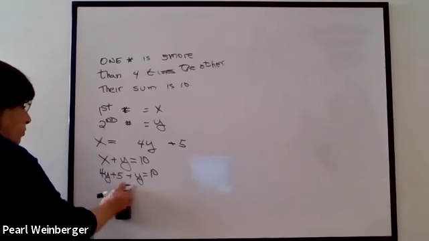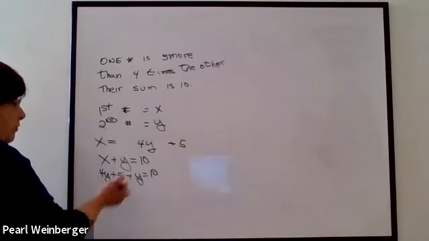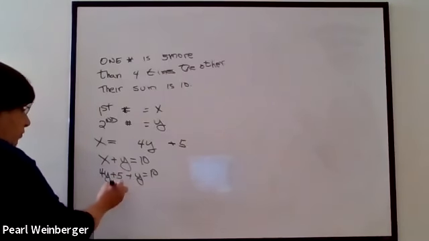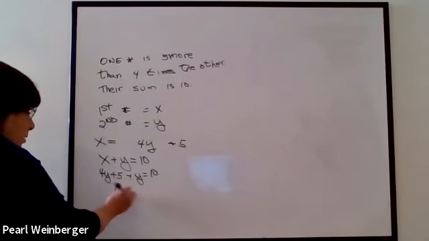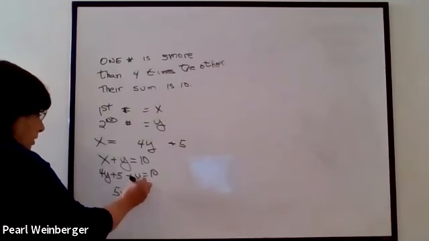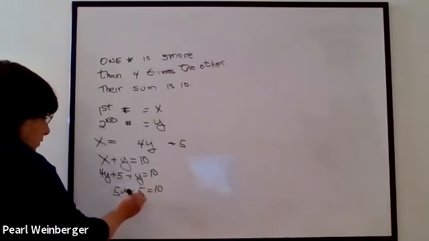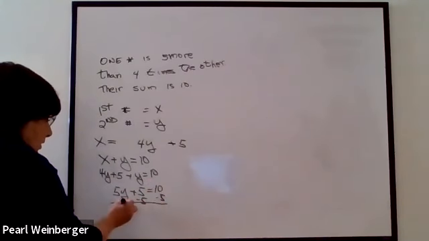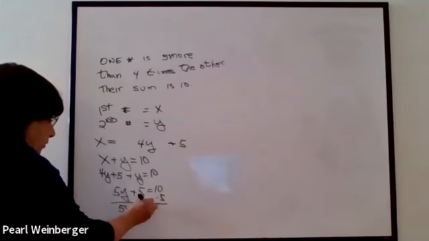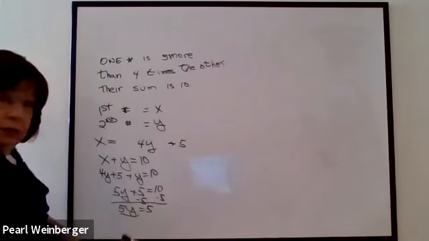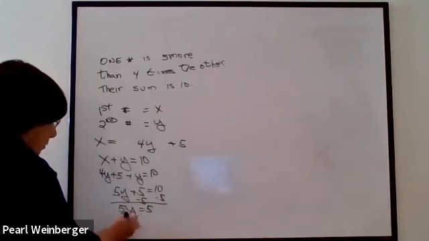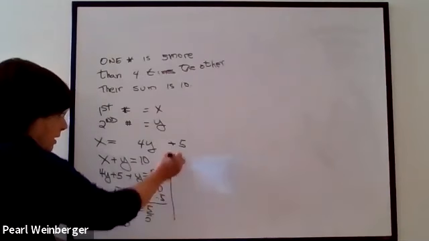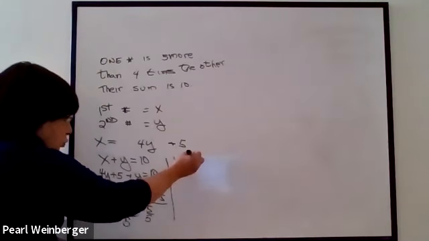Remember, if there's no number in front of it, it means a 1. 4 and 1 is 5y plus 5 equals 10. If I subtract 5 from both sides, that gives me 5y equals 5. And therefore, dividing both sides by 5, I get that y is equal to 1.